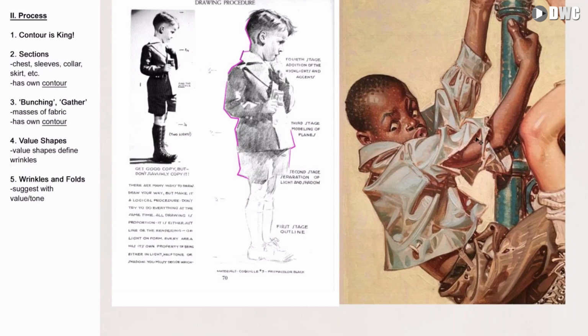On the right, we have Leyendecker. This is a spectacular painting, and this fabric is incredible. It's so interesting in design, and you could argue it's too stylized. It's not realistic anymore, quote unquote real, but it's very compelling to me.